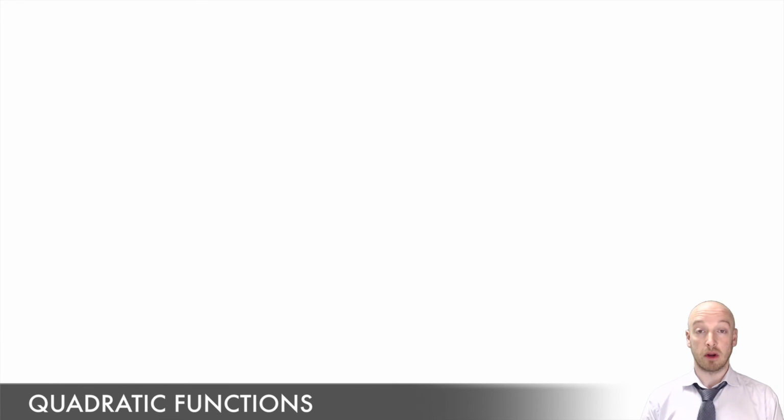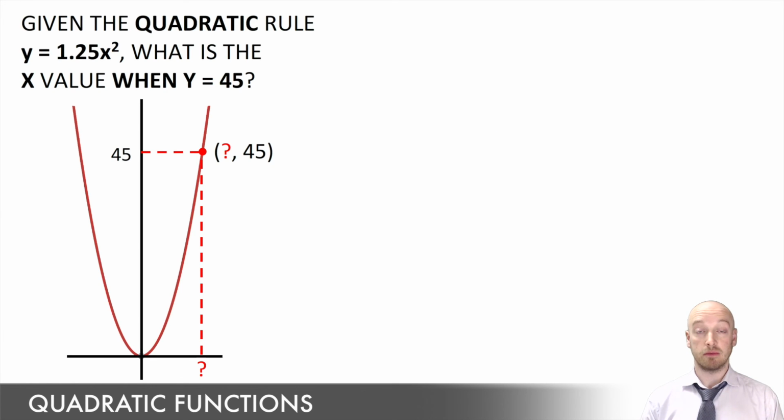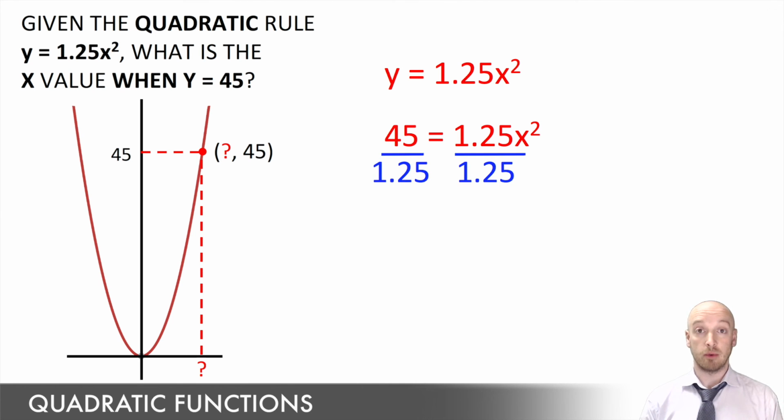Now lastly, if we're given a rule, something like y equals 1.25 x squared, and we know that the y value is 45, could we find the corresponding x value? Well, here we just plug the 45 in for y, and we end up with 45 equals 1.25 x squared. Now to start isolating that x, I'm going to divide by 1.25 first, and I end up with 36 equals x squared. Remember, that exponent of 2 hasn't gone away yet.